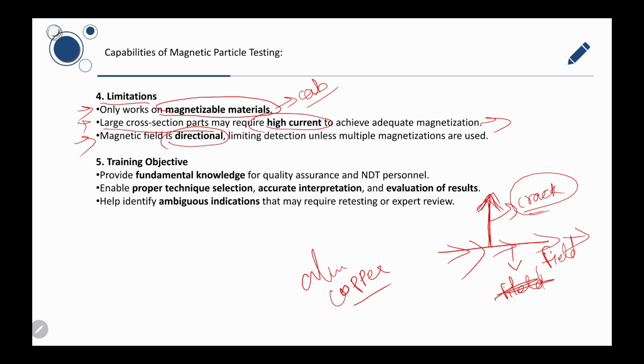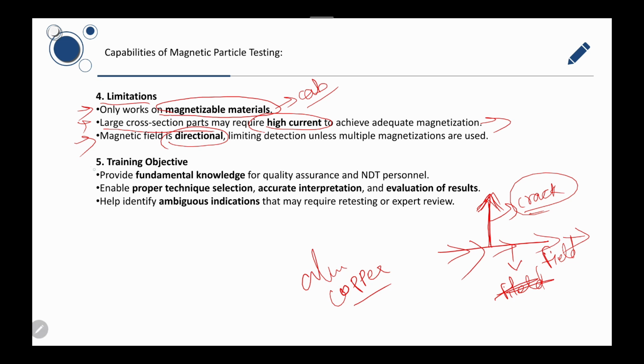Then defects that are parallel to the field may not produce enough flux leakage to be detected. To overcome this, multiple magnetizations, that means different directions, are often required, typically at right angles to ensure full coverage.